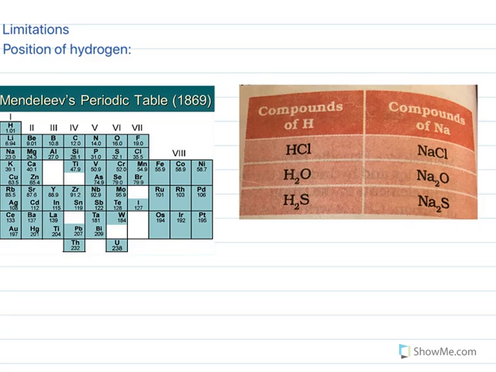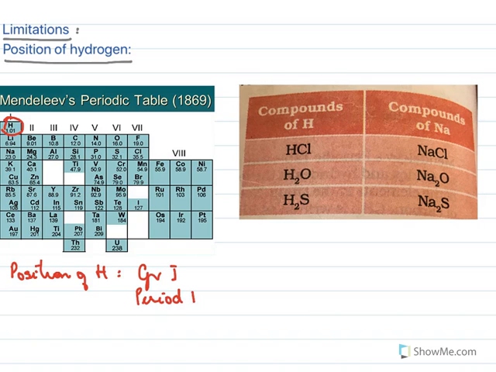We'll now learn about the limitations of Mendeleev's table, or the disadvantages, or the places where he went wrong. One is the position of hydrogen. Mendeleev placed hydrogen in group 1. So the position of hydrogen in Mendeleev's table was group 1, period 1.